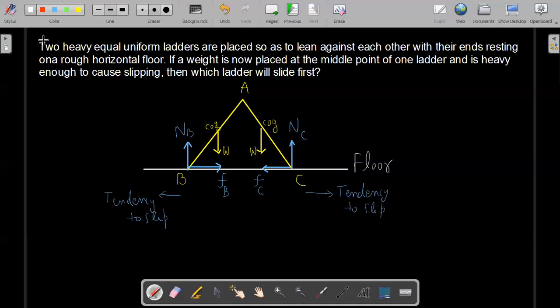And as per this question, we have put some extra weight. A weight is now placed at the midpoint of one ladder, some additional weight which we add, suppose on the left ladder. So this is W plus capital P now. Capital P is the extra weight which you add at the midpoint of ladder AB.